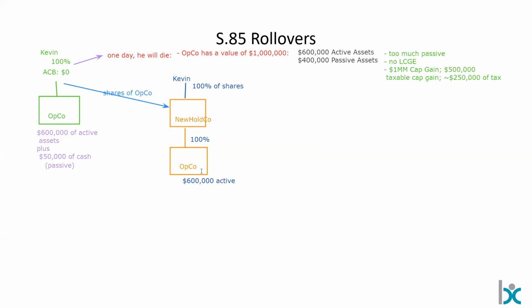And one of the business benefits we have is that I can use New Holdco to sit on passive assets. I can move that $50,000 up this ladder. And we can invest in New Holdco. And now if OpCo gets sued, it's harder to lose that $50,000.